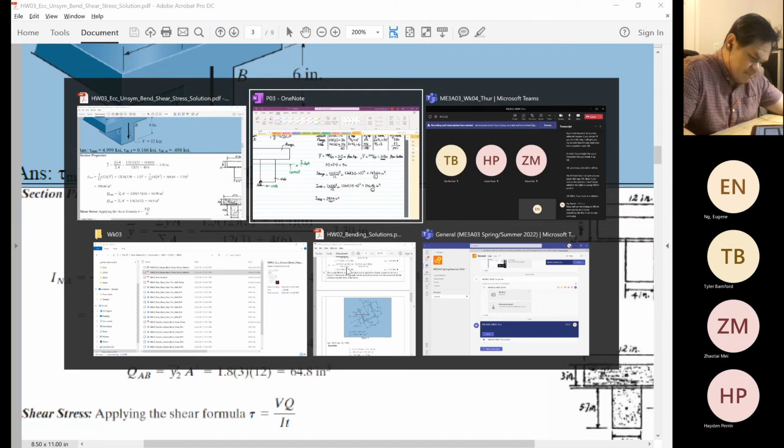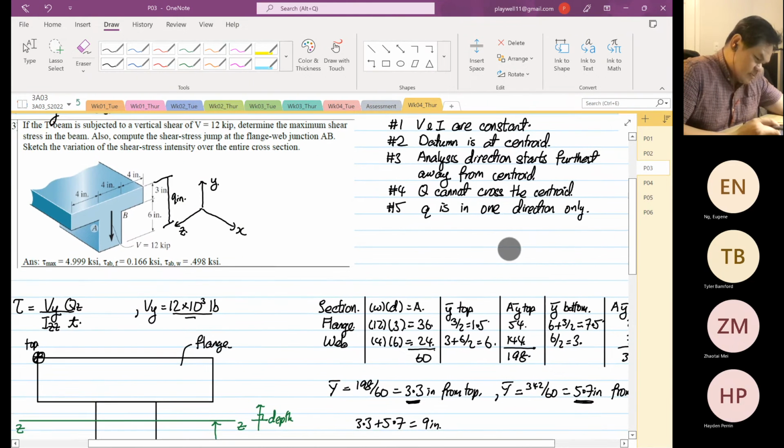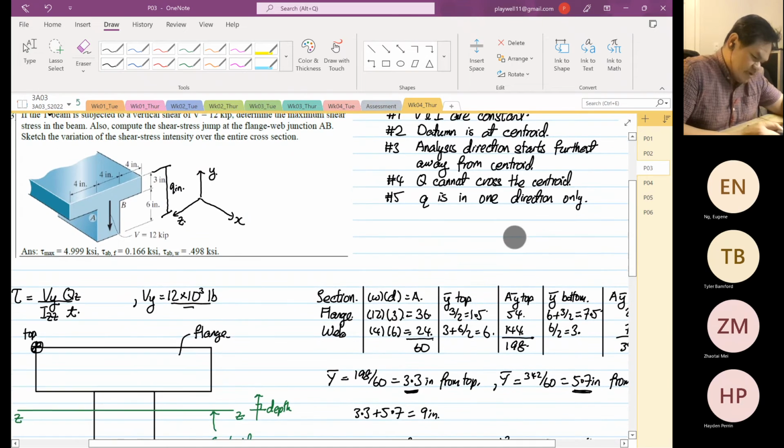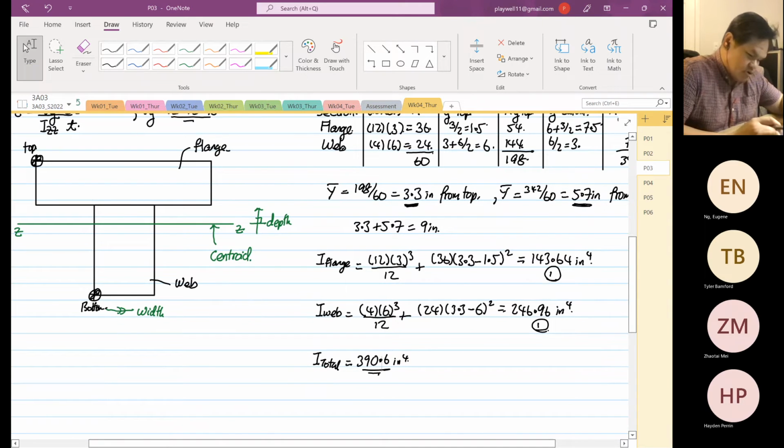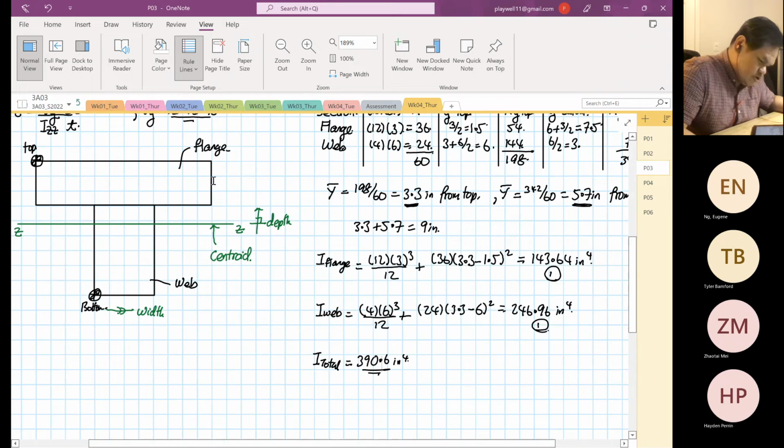So the question asks us to determine the shear stress. The maximum shear stress will be at the centroid. We are aware that the centroid is 3.3, so it's somewhere around here.